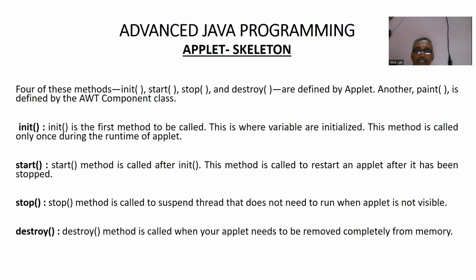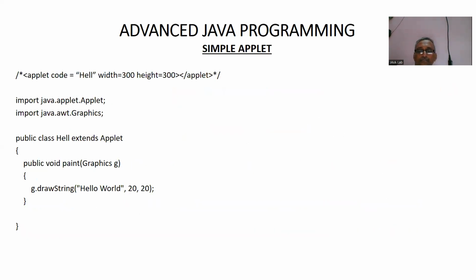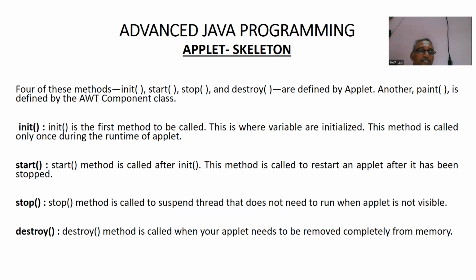An applet skeleton. All but the most trivial applets override a set of methods that provide the basic mechanism by which the browser or applet viewer interfaces to the applet and controls its execution.